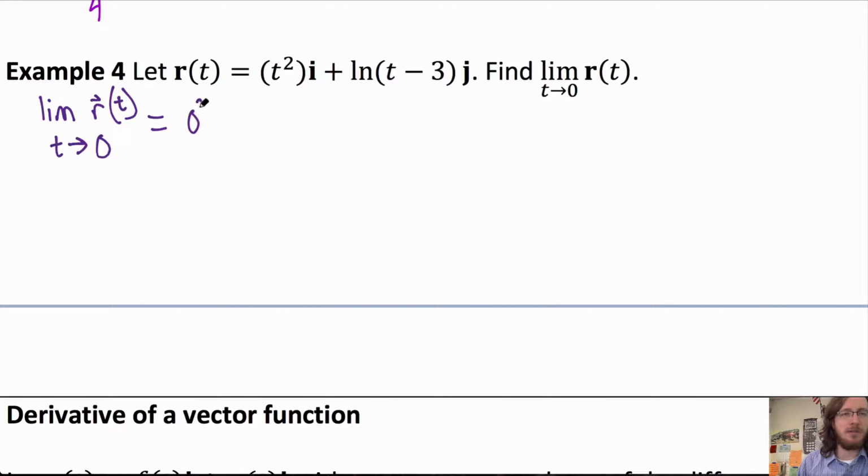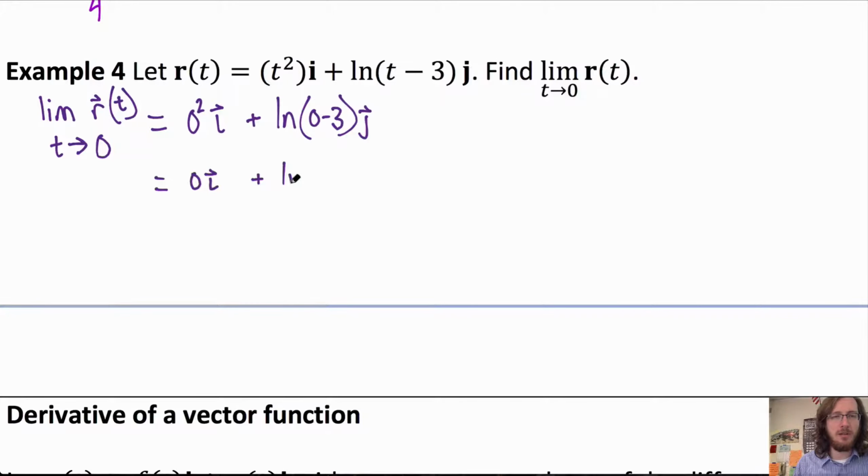All right, so we have 0 squared i plus the natural log of 0 minus 3 times vector j. Okay, so 0 squared is 0, so we get 0 i, and 0 minus 3 is negative 3, and that's not okay. We can't take the natural log of a negative number. It's not possible.